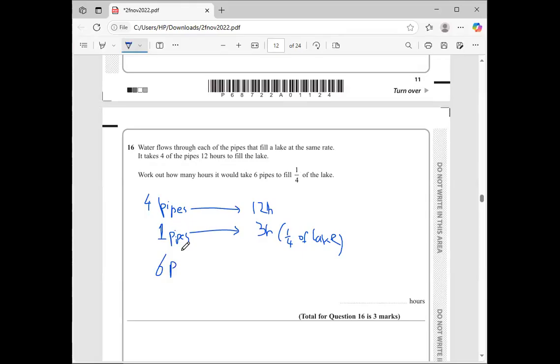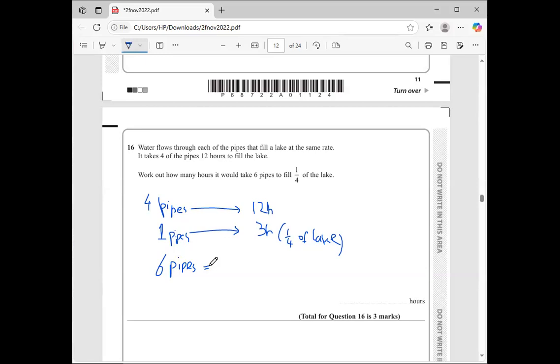There's a way I usually write it. 6 pipes, for remember, 1/4 of the lake. Now we agree that 6 pipes should take a shorter time.